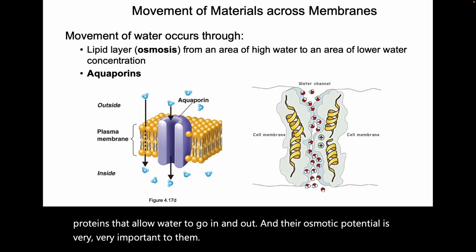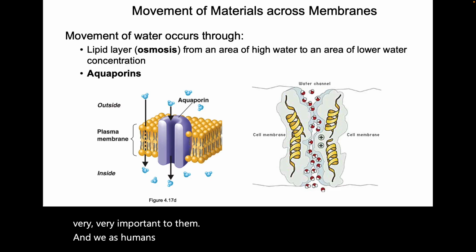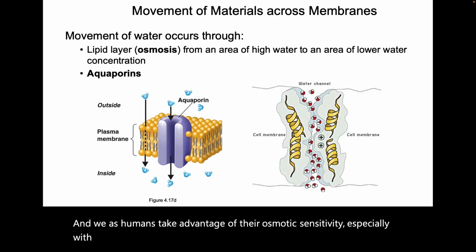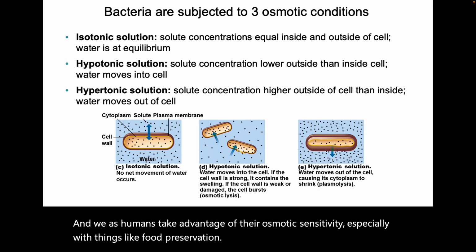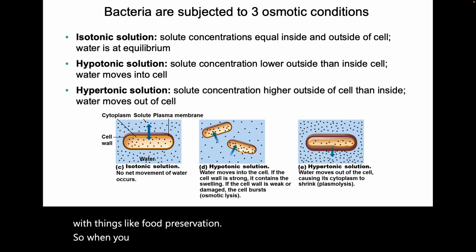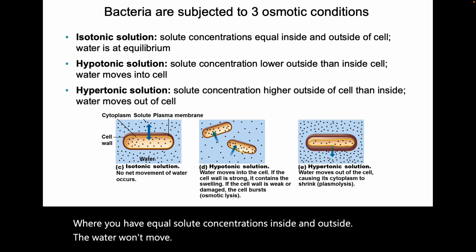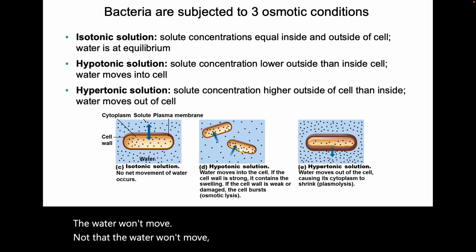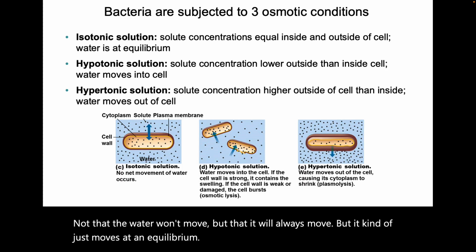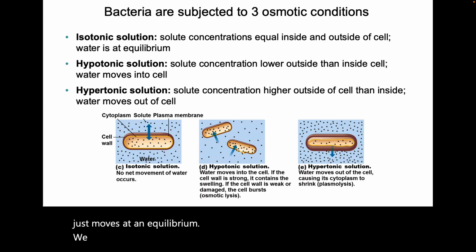And we as humans take advantage of their osmotic sensitivity, especially with things like food preservation. So when you have a microbe or any cell where you have equal solute concentrations inside and outside, the water will always move, but it just moves at an equilibrium. We call that isotonic.